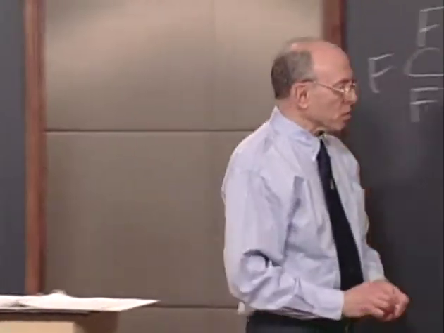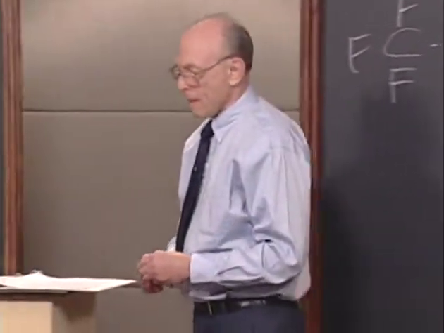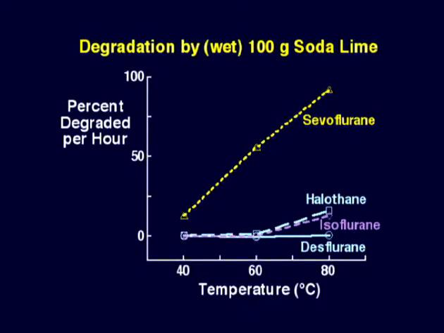Now let's talk about one of these issues, the issue of stability and toxicity. The stability of the fluorinated anesthetics is greater in the presence of absorbents, such as the ones that remove carbon dioxide from the gases our patients breathe.